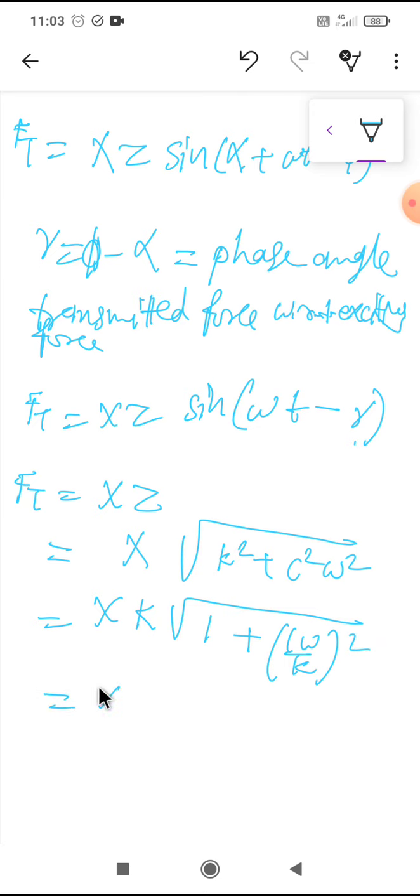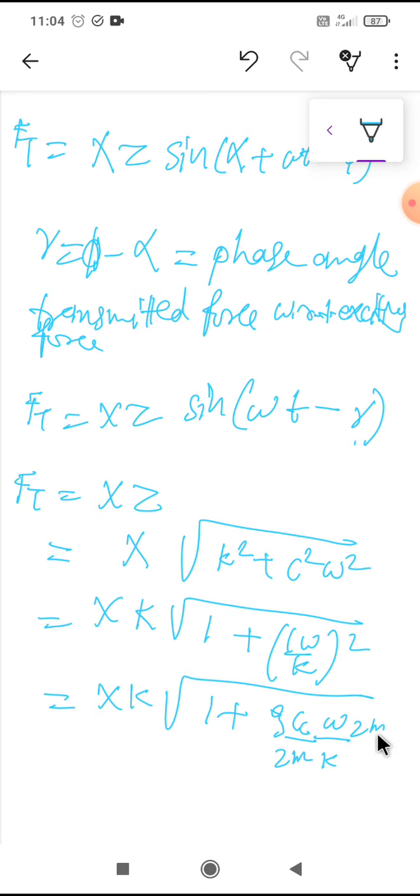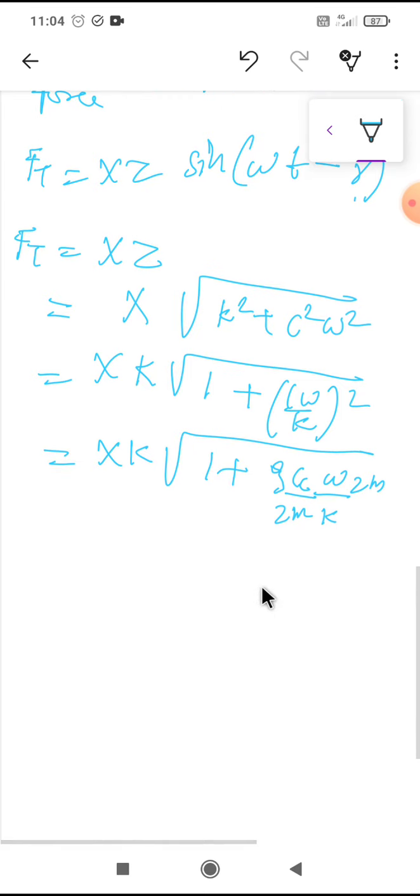So that is xk under root 1 plus, as we know, instead of c I can write zeta cc. So instead of cc I can write omega by k. Suppose I multiply and divide by 2m, so cc by 2m, what is it? It is omega n.